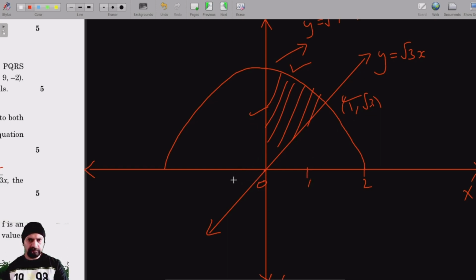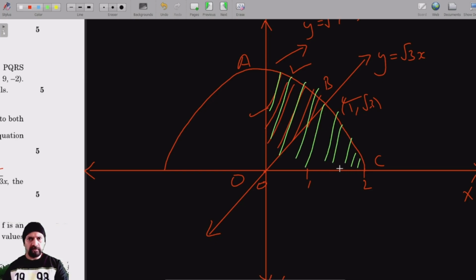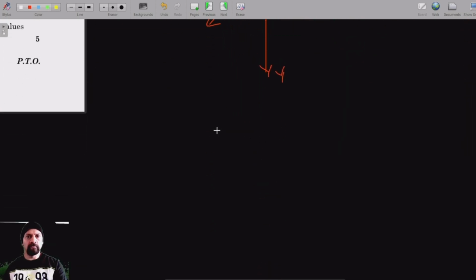So let's say this is the area OABC. We are first going to get the area under the circle in the first quadrant and subtract from it the area in this section. We will get the area OABO.